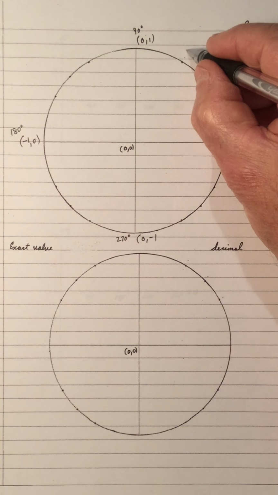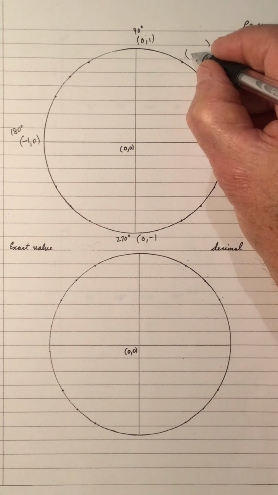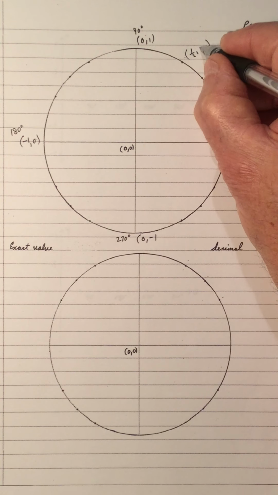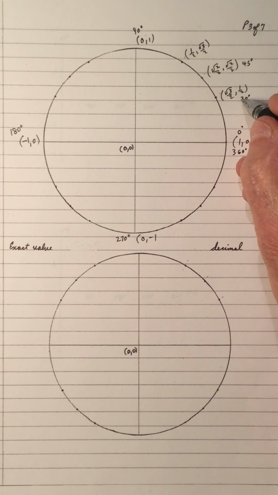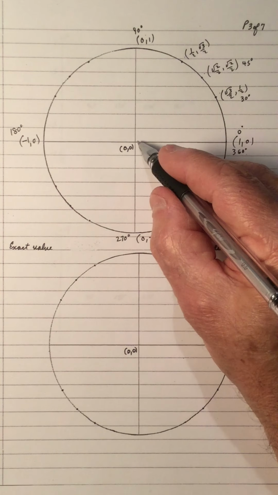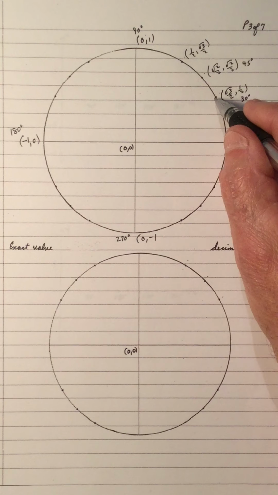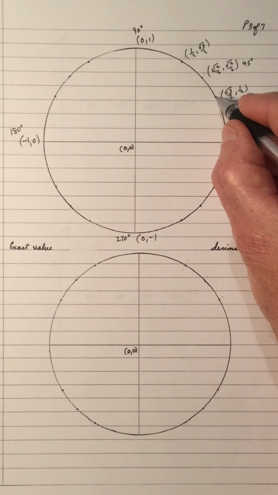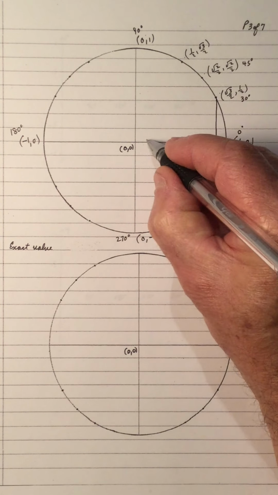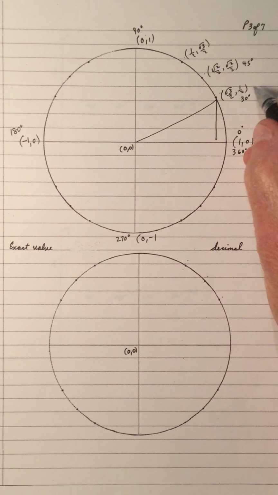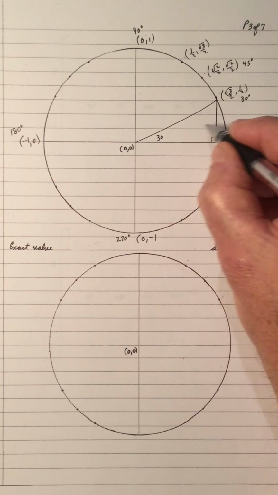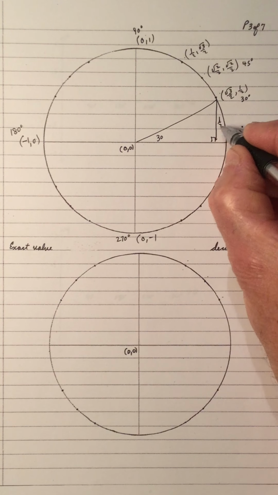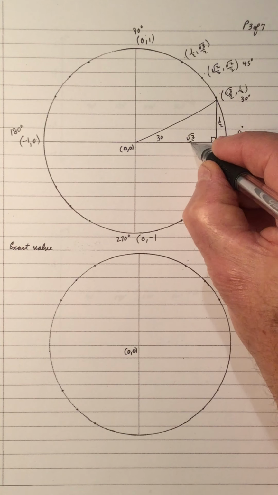And notice this one is 1/2, root 3 over 2. And the 30, if you look at the triangle, I'll just do one triangle here, and you make a right angle. So this is a 30-degree angle. So this is 1/2, this is root 3 over 2.